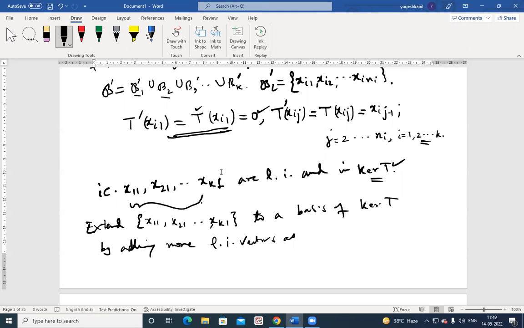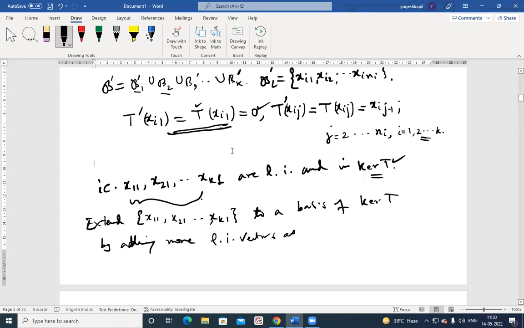This is a basis of image of T dash, and basis means linearly independent elements.